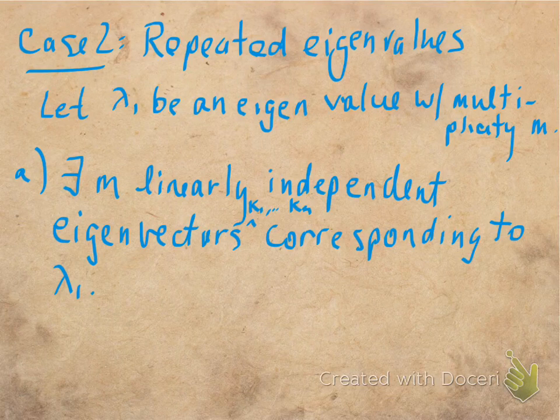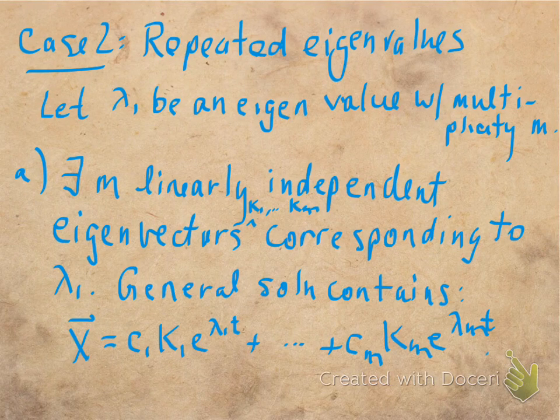The first case is that there exist m linearly independent eigenvectors, k1 through km, corresponding to lambda 1. And in that case, our life is nice.